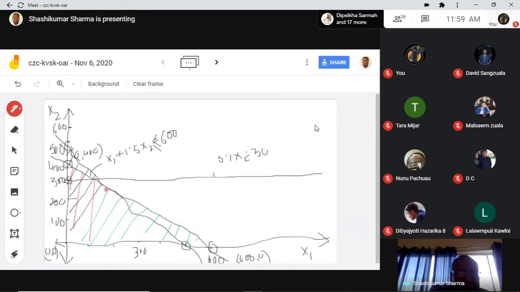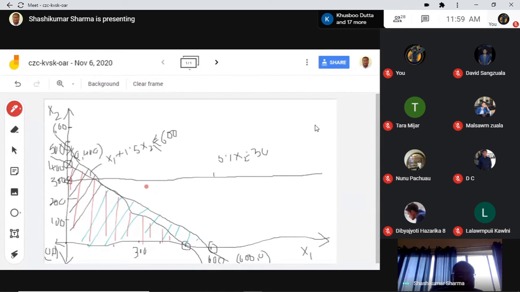So this was the second equation, this curvy equation. Now you have these two shaded portions here. This portion is shaded by only one color. Here also is by only one color.